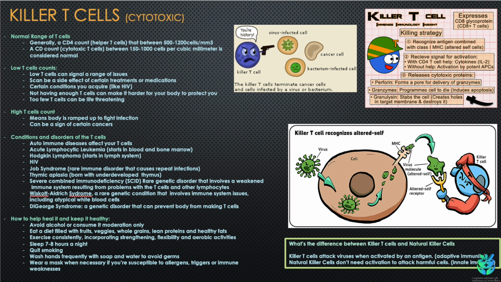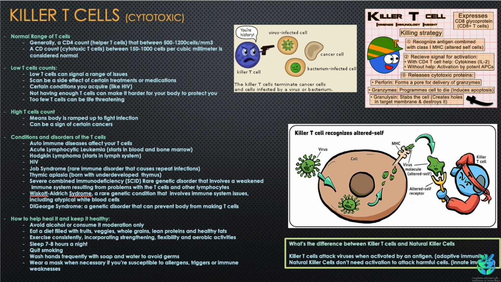Certain conditions, like HIV, can cause low T cells. Not having enough T cells can make it harder for your body to protect you, and too few T cells can be life-threatening. A high T cell count means your body is ramped up to fight infections and can be a sign of certain cancers.